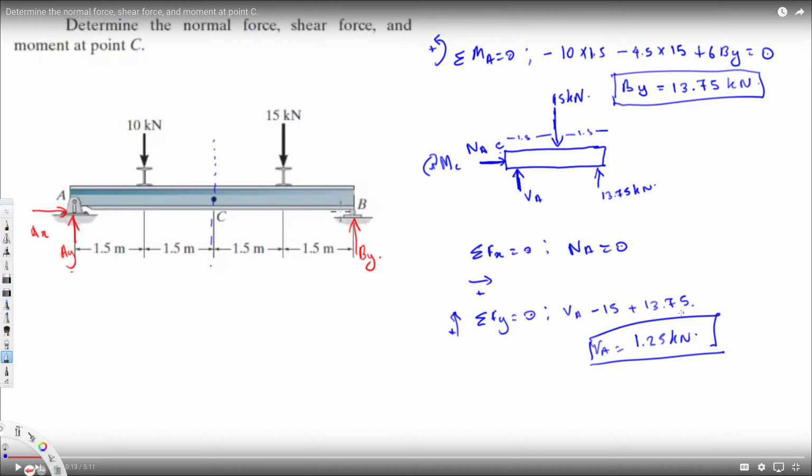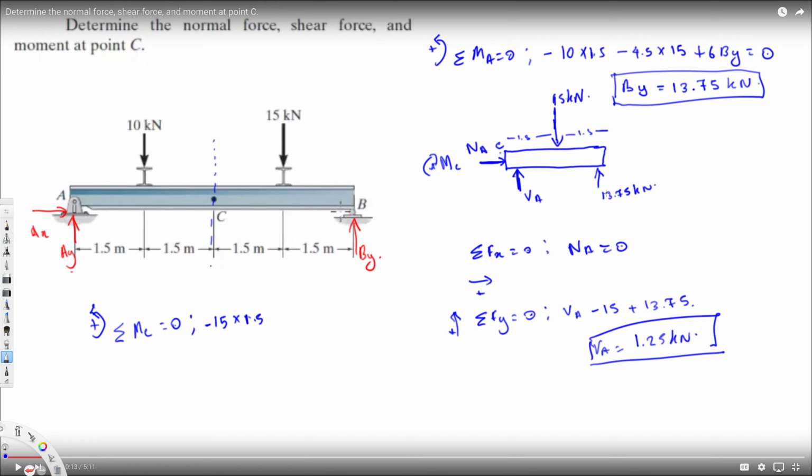Now from this one, I can find the moment. If I take the moment around C, these two will cancel, and we can directly substitute and calculate. So moment around C, sigma MC equals 0, taking counterclockwise positive, I will get minus 15 times 1.5.